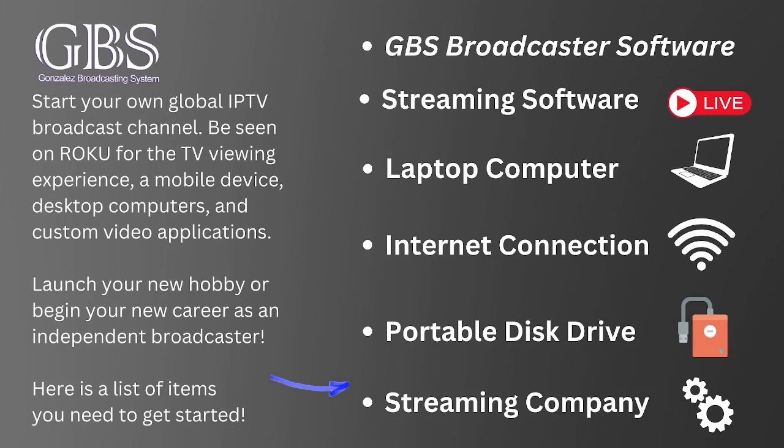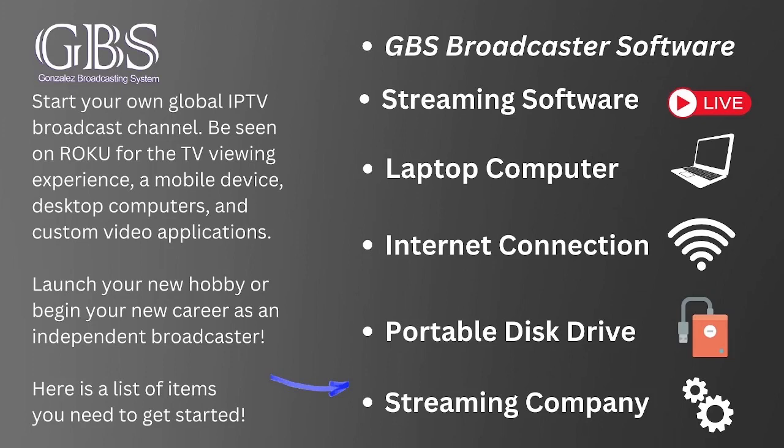And then you'll need a streaming company. They're the people who take your signal, prepare it to be sent to a distribution center so that anybody in the world can get your signal. You might imagine that when you're streaming, people around the world will connect directly to your computer to see what you're doing.